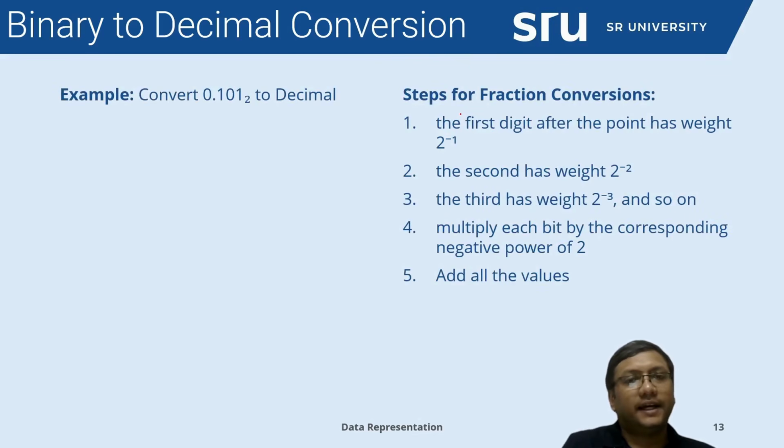Now let us try with a fraction. How to convert a binary fraction into a decimal fraction? So 0.101. It will be done in a similar manner.